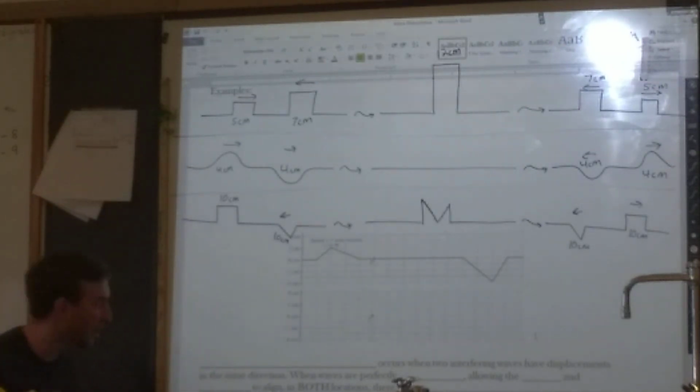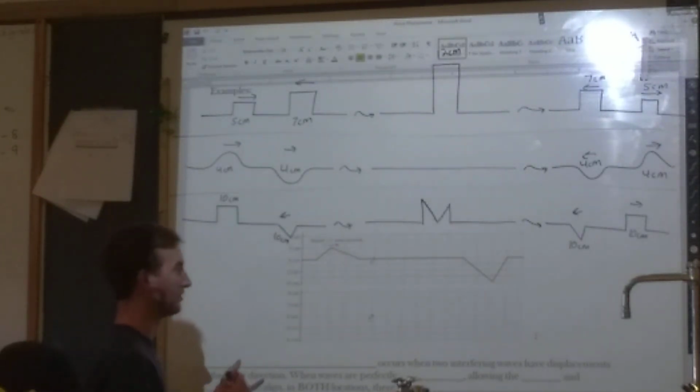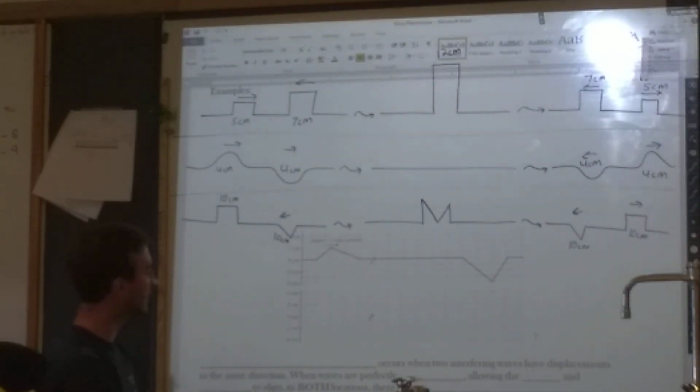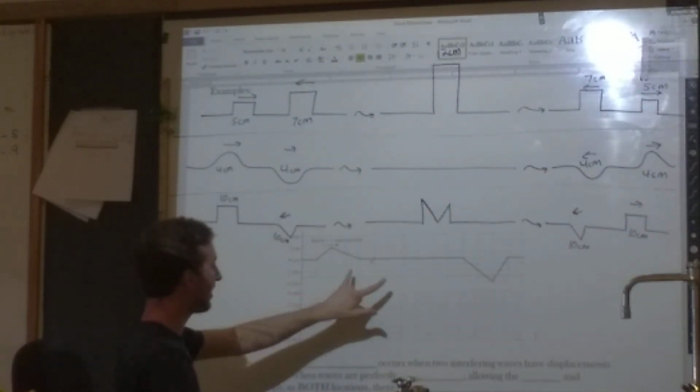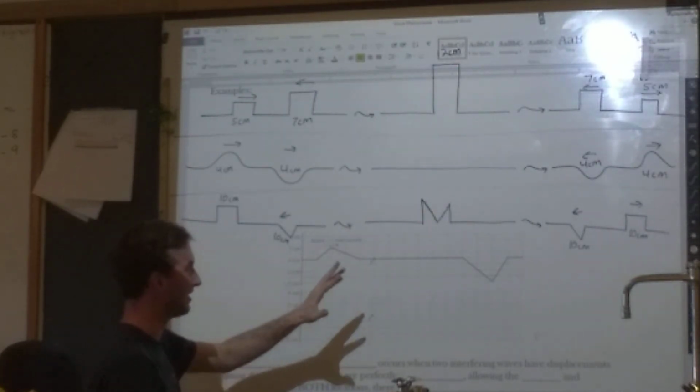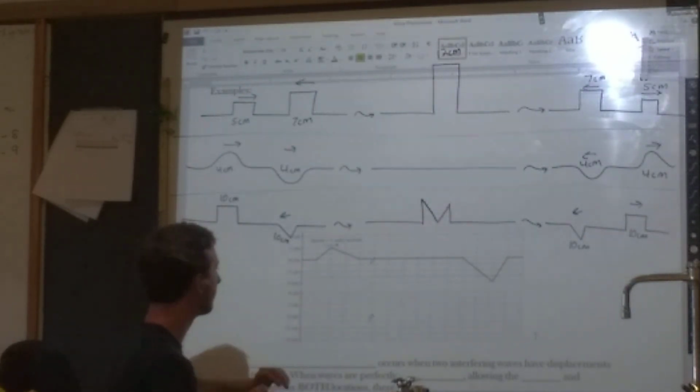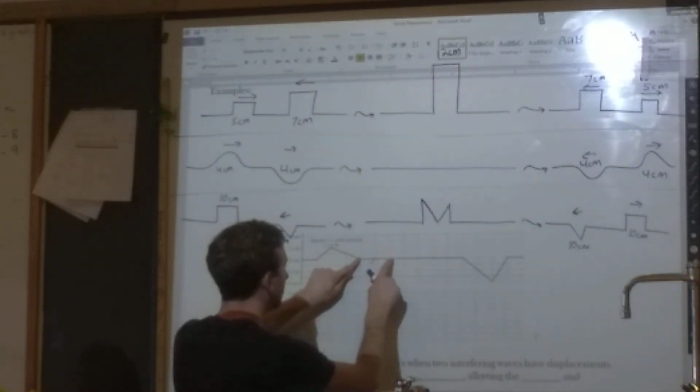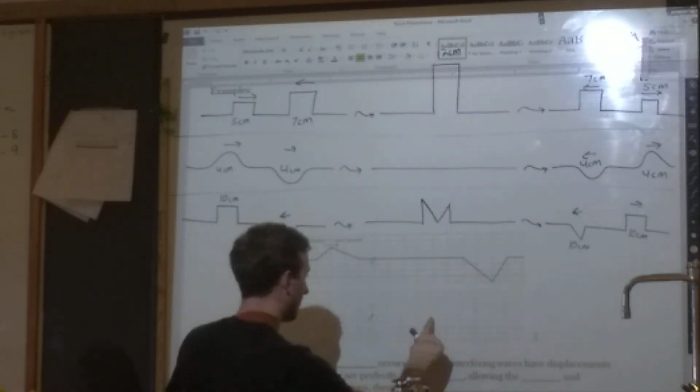This was for my first year teaching. If your class was lucky enough to have done this example, all you had to do was figure out where these overlapped. If I remember correctly, it took 5 seconds for them to overlap, so let's move this over. 1, 2, 3, 4, 5. Okay, that's there.